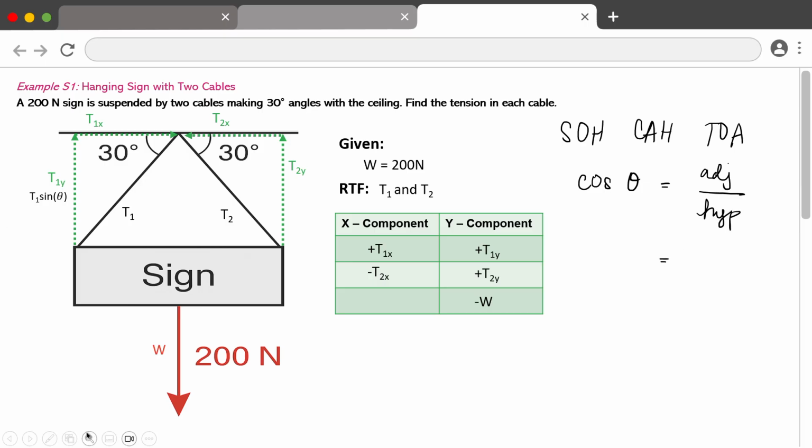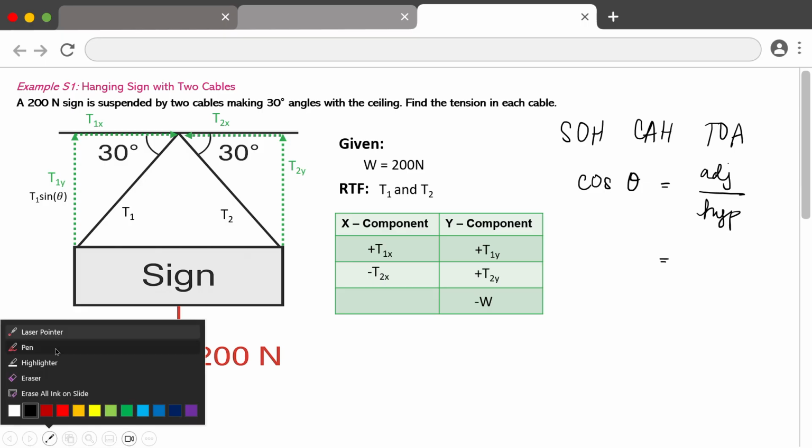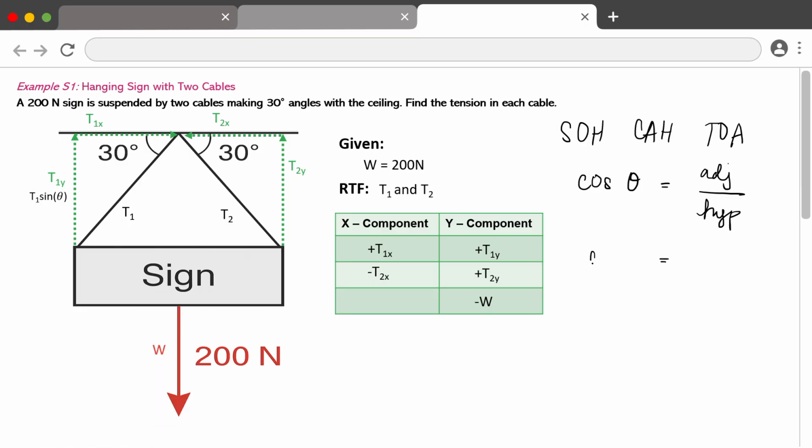The adjacent side of 30 degrees is T1x, and the hypotenuse is, again, T1. So cosine theta is simply equal to T1x over T1.